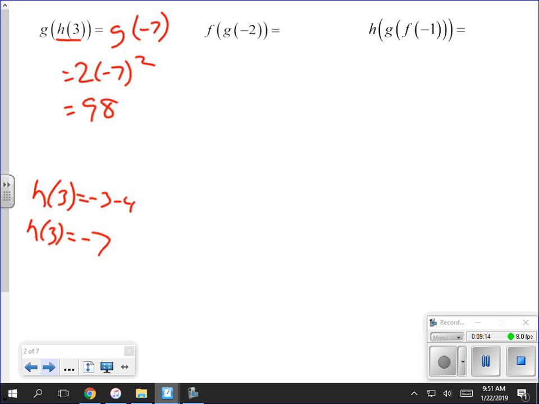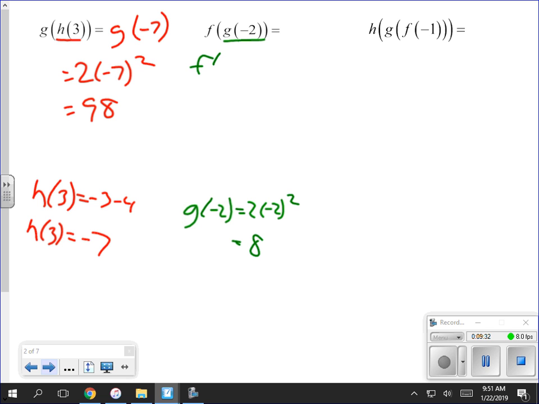Excellent. f of g of negative 2. So I need to find out what g of negative 2 is before I can take f of that. So g of negative 2, 2 times negative 2 squared, which is 4 times 2, which is 8.